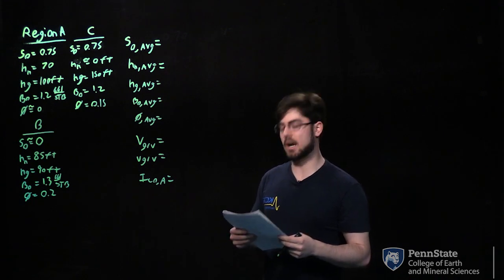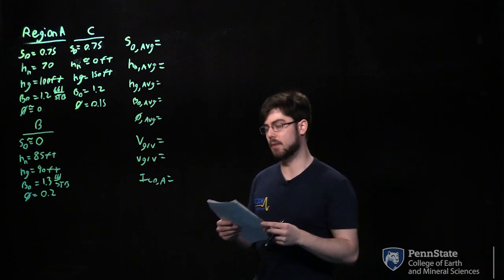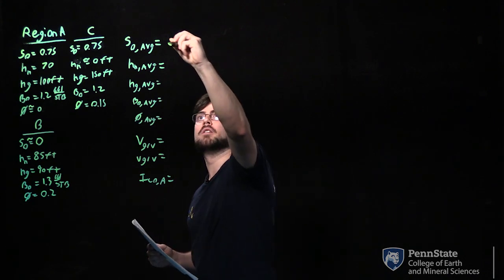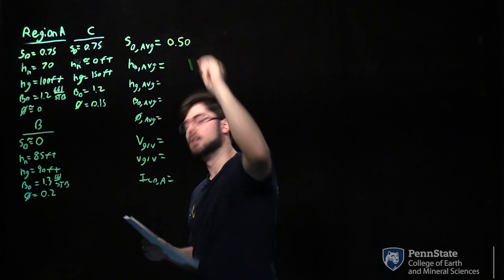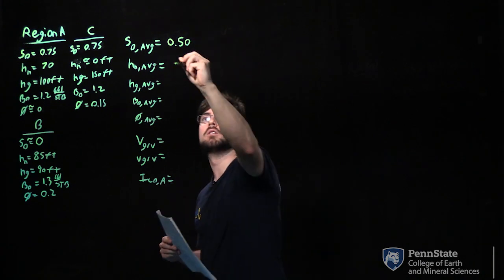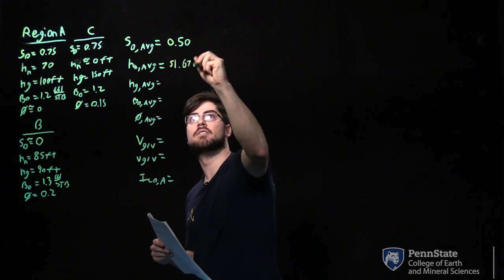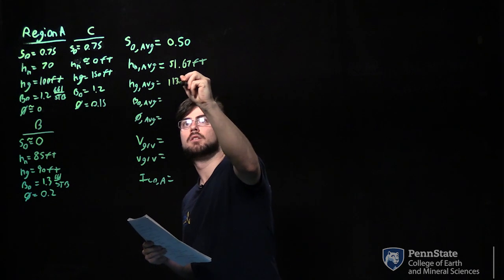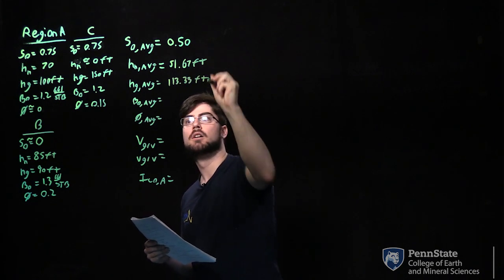And so when we do our averages, just like before, it'll be the same way. Just add all 3 up and divide by 3. So our oil saturation will be 0.50. Our net pay zone average will be 51.67 feet. Gross average is going to be 113.33 feet.